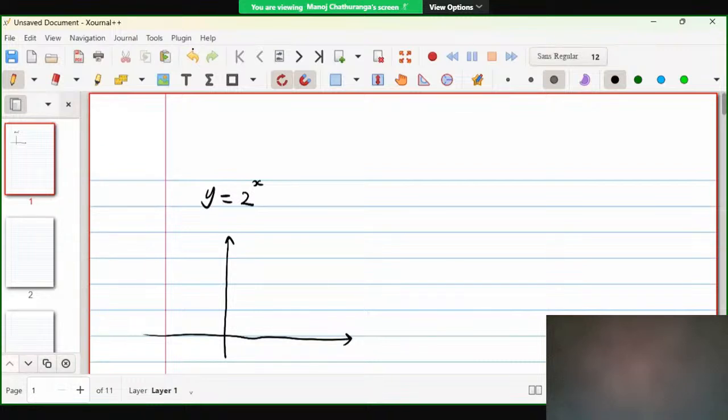When x is 0, y equals 1, the point (0, 1). And for positive x values, it goes like this. And for negative x values, it goes like this. This is always positive. The exponential function is positive. It never goes below the x-axis.